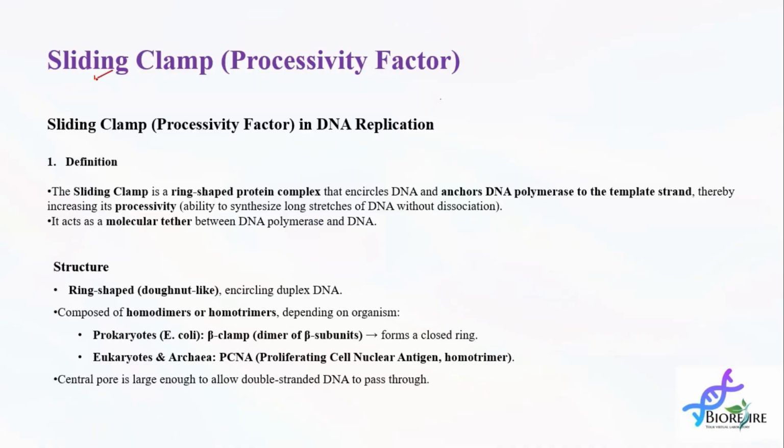Next is the sliding clamp. The sliding clamp is a processivity factor in case of DNA polymerase. It is a ring-like structure protein. It is helpful to DNA polymerase. It will anchor the DNA polymerase to the template strand to increase the processivity of DNA polymerase.